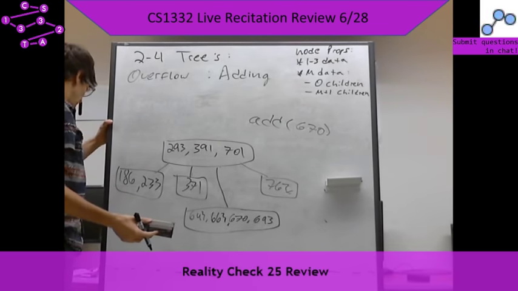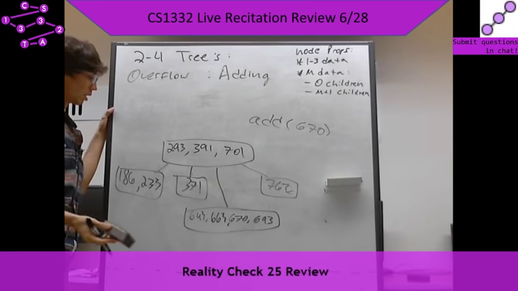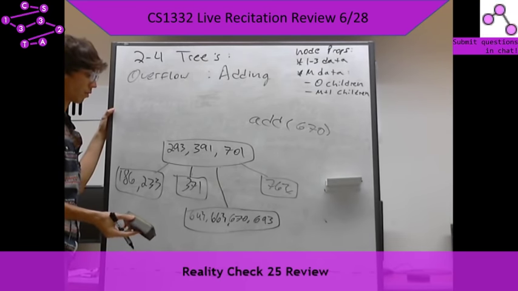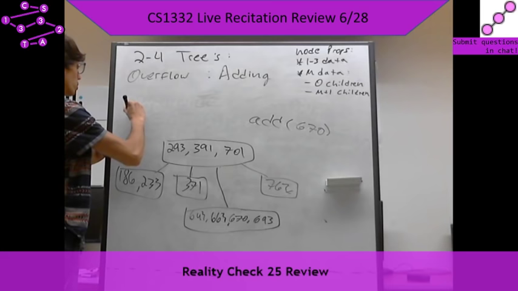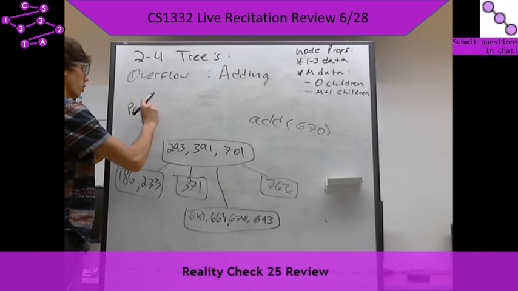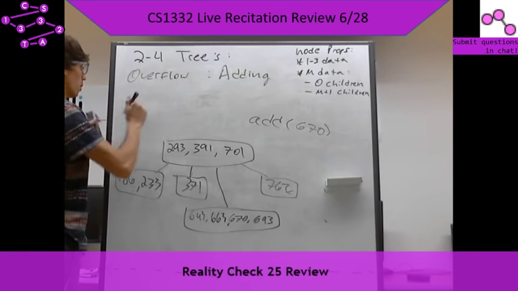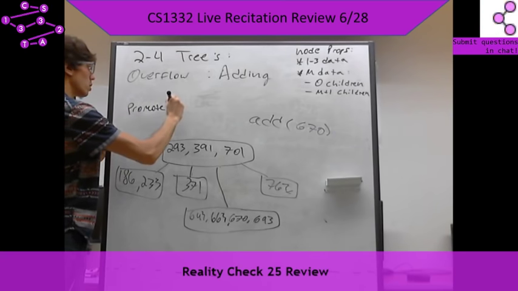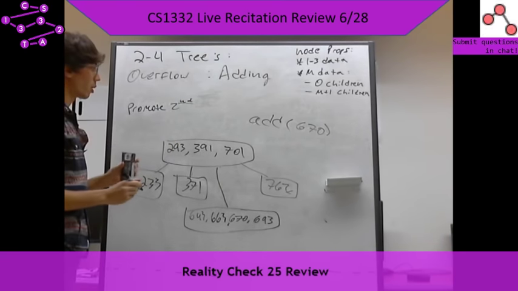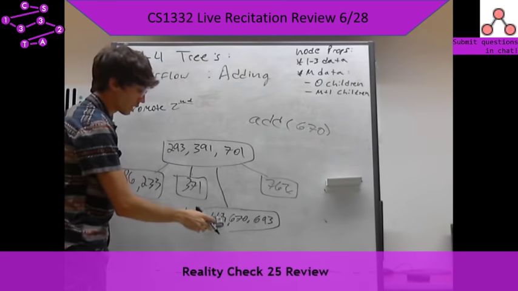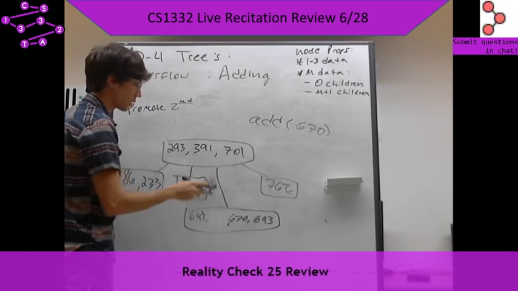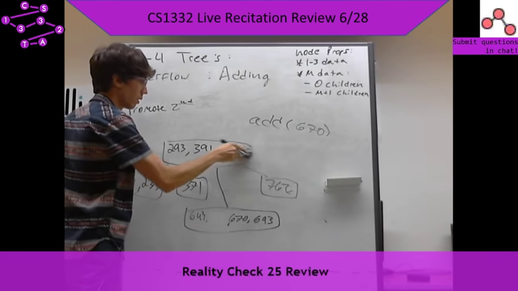That means that we're going to have to promote something to solve this overflow. And in this case, and this will be told to you as before, we're going to promote the second element. So we'll look at 663, and we will promote this up to the parent.